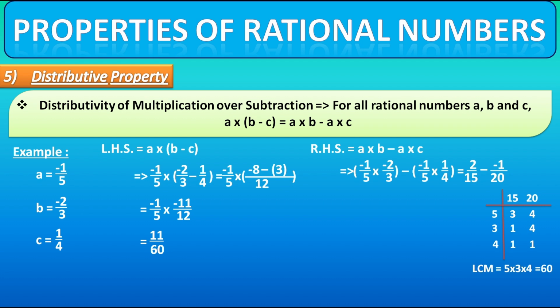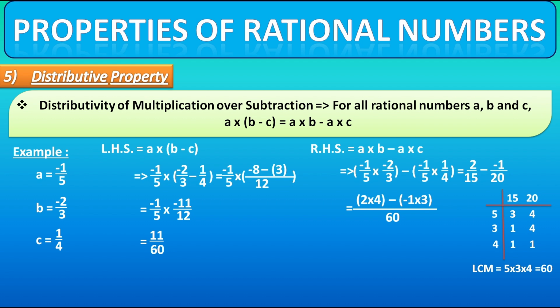Okay. Now the denominator will become 60, and now we have to check 15 times what is 60. 15 fours are 60. So we have to multiply this 2 with 4, and then we have to check 20 times what is 60. 20 threes are 60. So we have to multiply this minus 1 with 3.